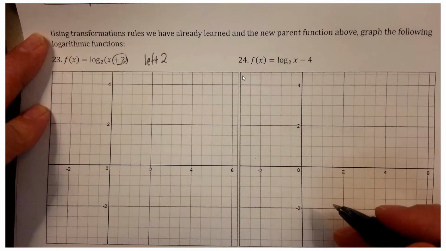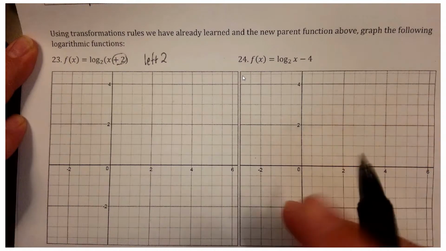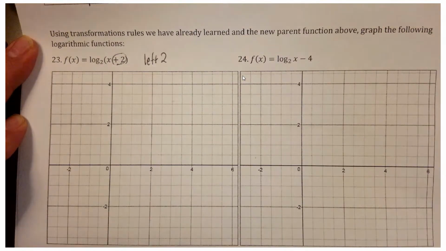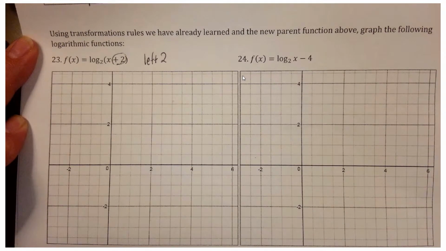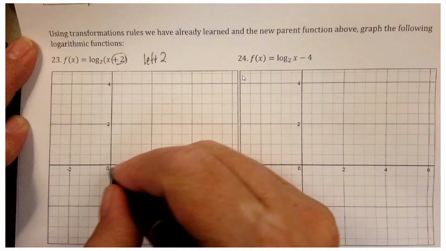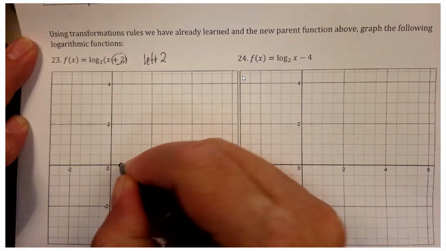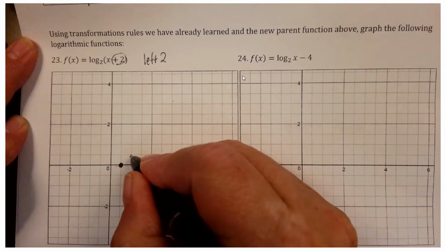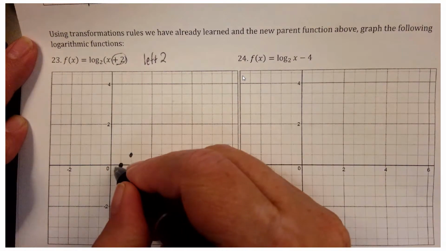All right, now let's bring these points on the parent function down here, and I'm just going to plot this as the parent function first, just with a dotted line. So our points for our parent function were (1, 0), (2, 1), and (1/2, -1).